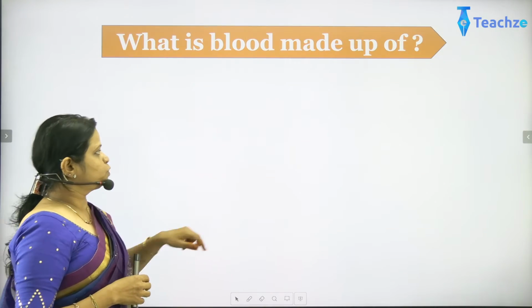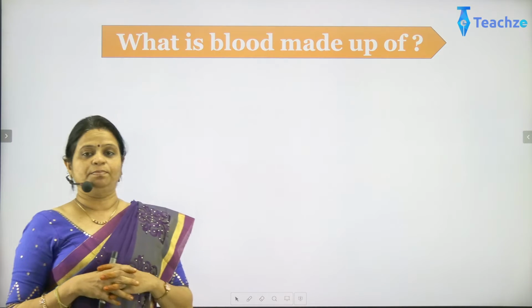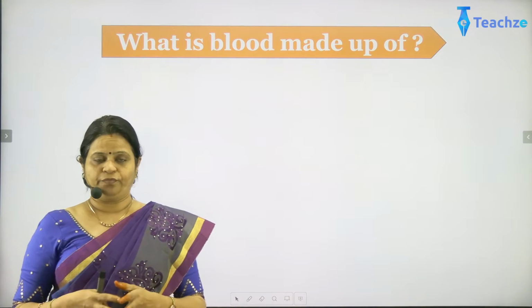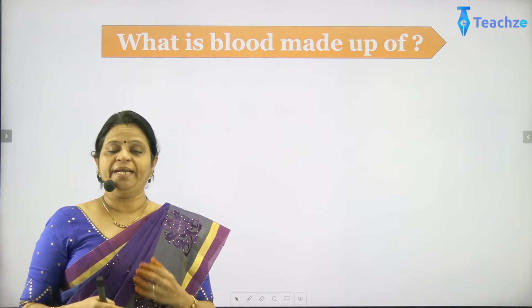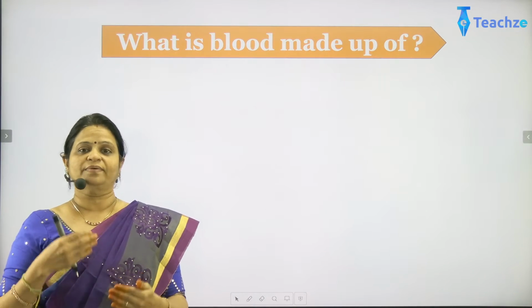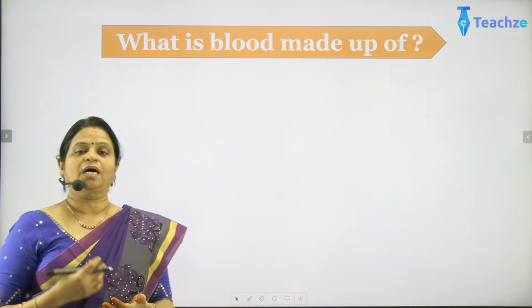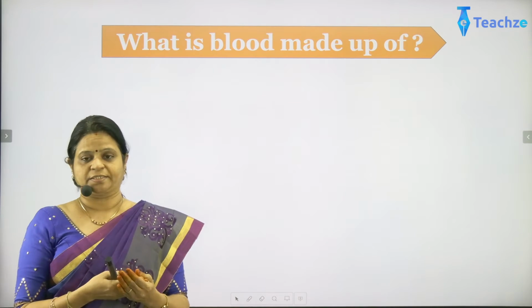Now, coming to the first one. We have to understand what exactly blood is, what its components are and what those are made up of. Blood is the only transportation medium we have for all the entire processes, whether it is waste products, the oxygen which is taken in or the carbon dioxide which is to be delivered through the respiratory system.